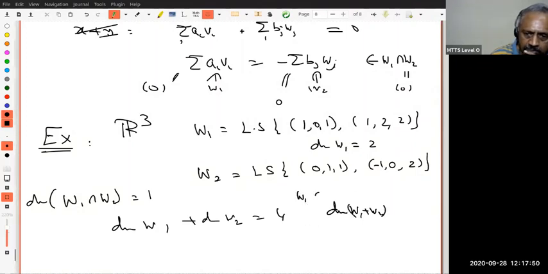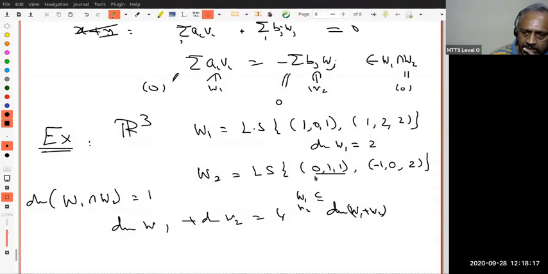Notice that W1 is contained in this, W2 is also contained. And again notice that this vector cannot be a linear combination of these two vectors, because if it has to be, then A times (1, 0, 1) will give A, and B times (1, 2, 2) will give B. Therefore, A plus B equals 0.